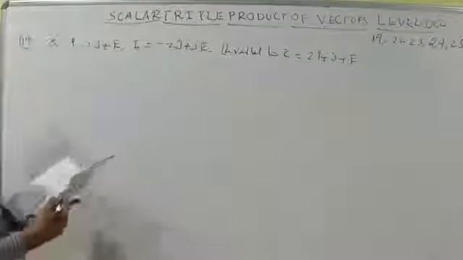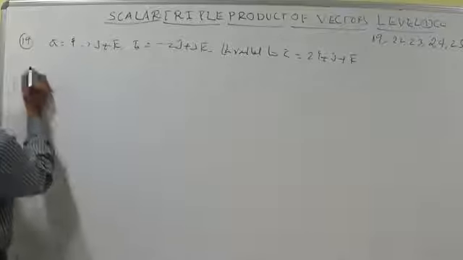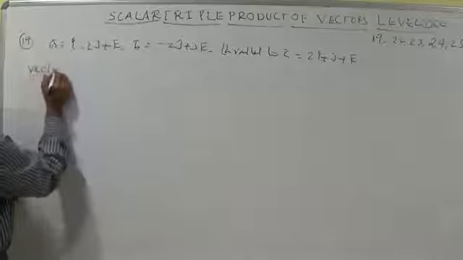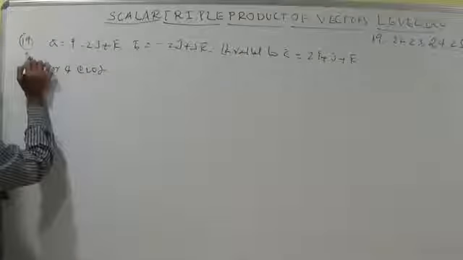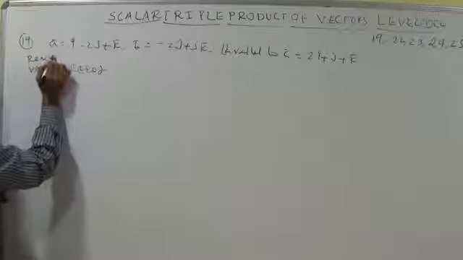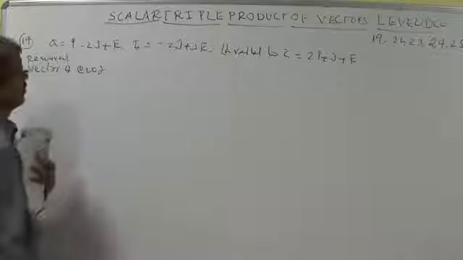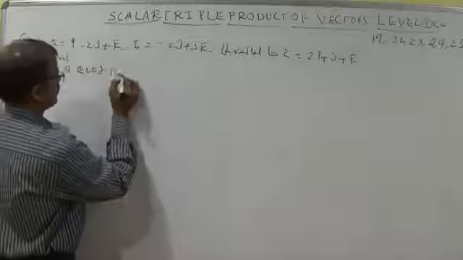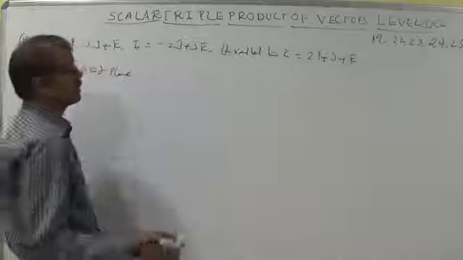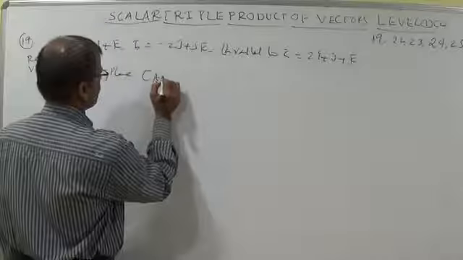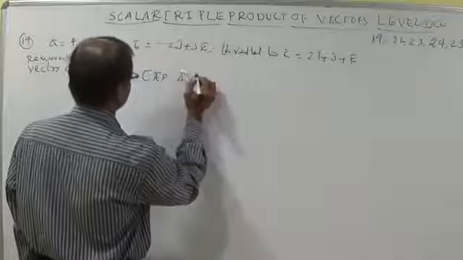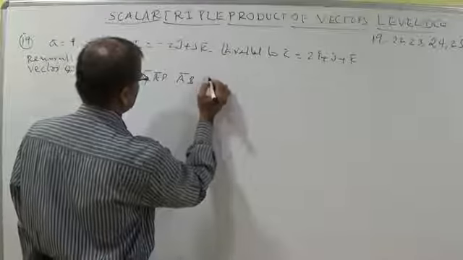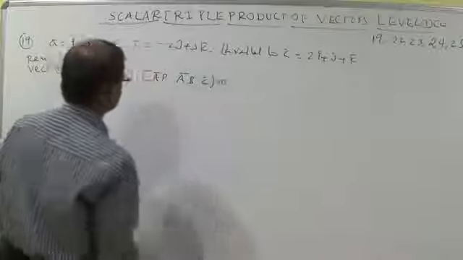So we discussed the vector equation of plane. Whenever required, we should get an idea about the formula. Vector equation of plane passing through two vectors and parallel to another vector. The concept I said: box AB, C bar equal to 0.